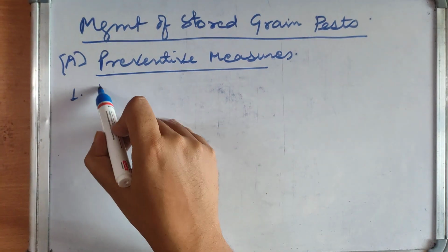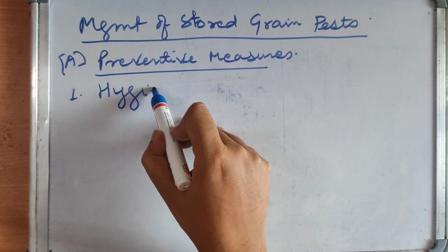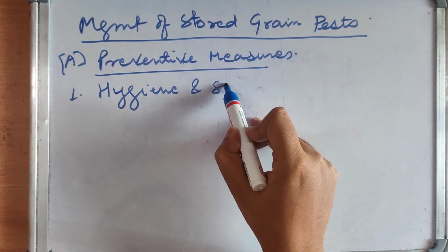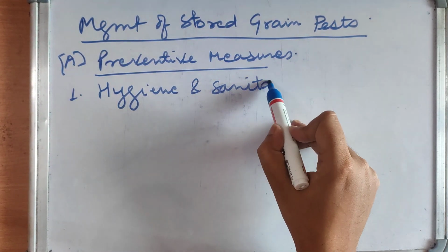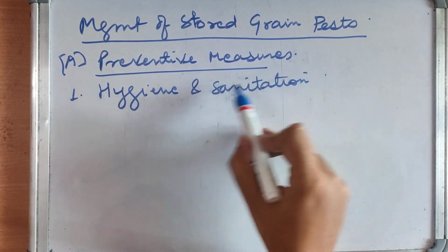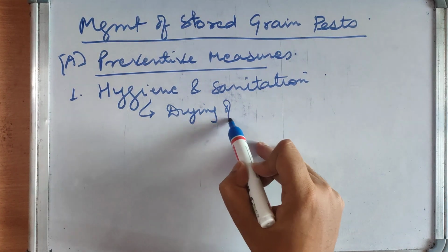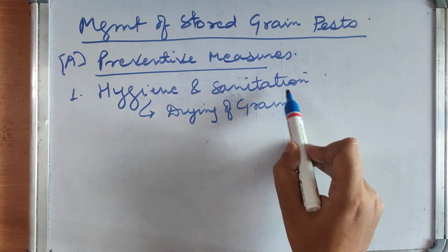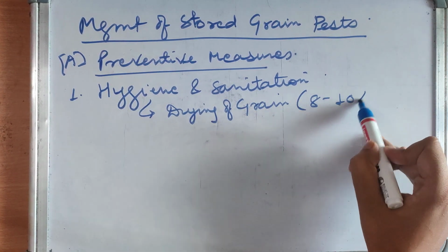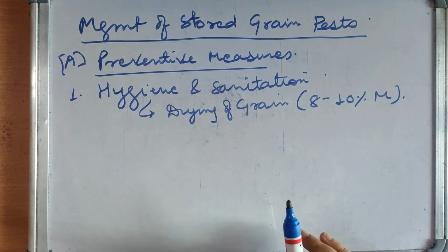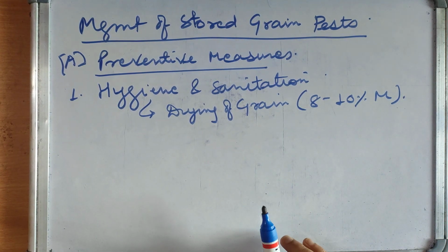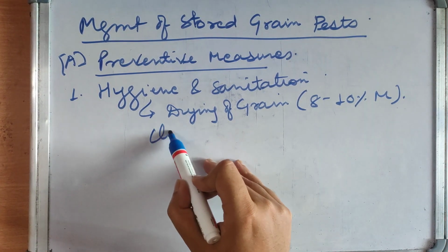So first one is hygiene and sanitation. First we should dry the grain till it attains 8 to 10% of moisture, and we need to clean the grains.